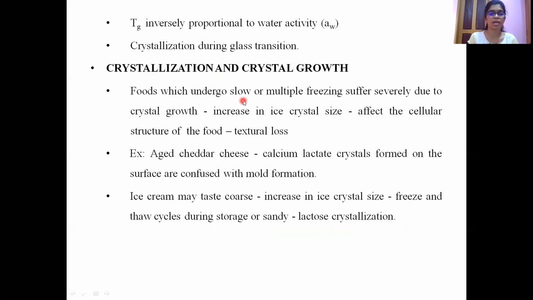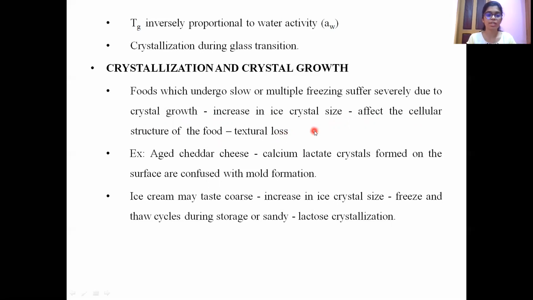Foods which undergo slow or multiple freezing suffer severely due to crystal growth. This is because of the increase in crystal size during the slow freezing process, and this increased crystal size affects the cellular structure of the food, which leads to the textural loss of the product.